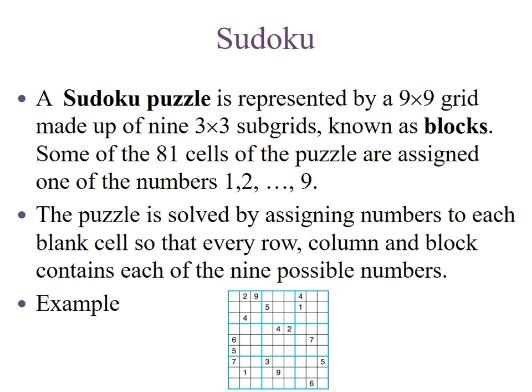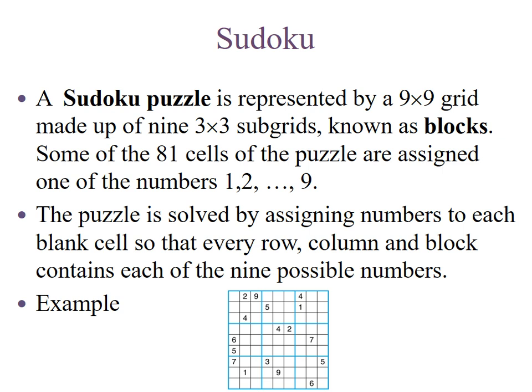Okay, only row and column. Yeah, that's right. In the square of 3 by 3, you can see we have 9 positions. You also need to insert the numbers 1 to 9 into the square of 3 by 3.